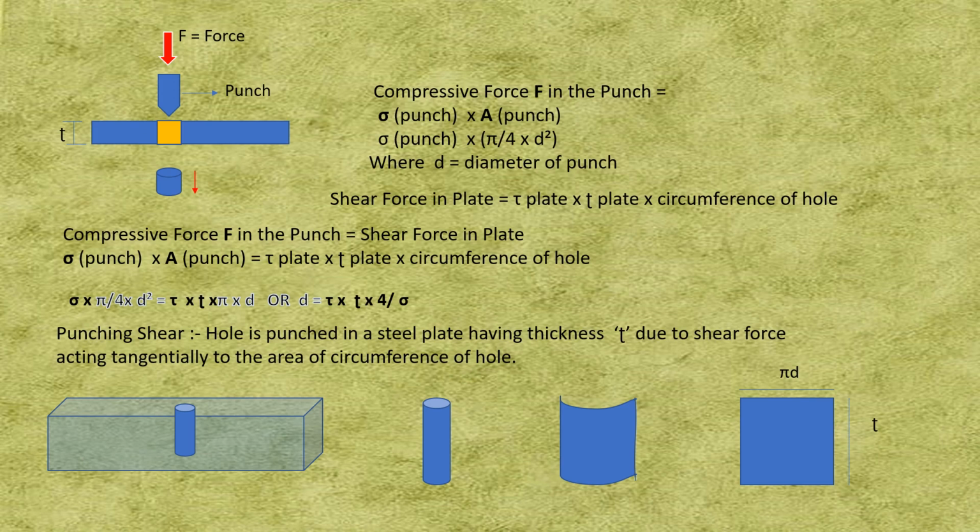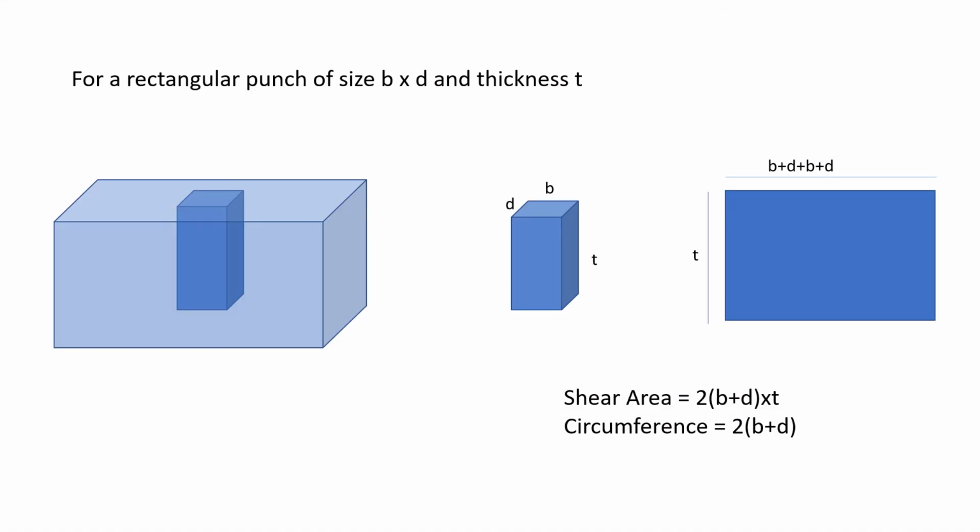Now if we want a rectangular hole, then the punch size is b into d, that is, the shape of the punch is not circular, then it will be of the size b into d. So this is how we punch a rectangular hole, and this is b, this is d, and this is the thickness t.